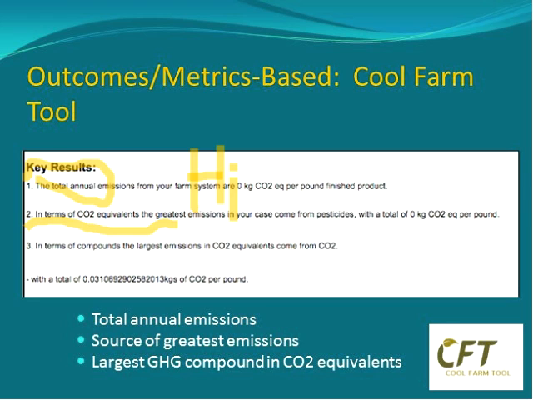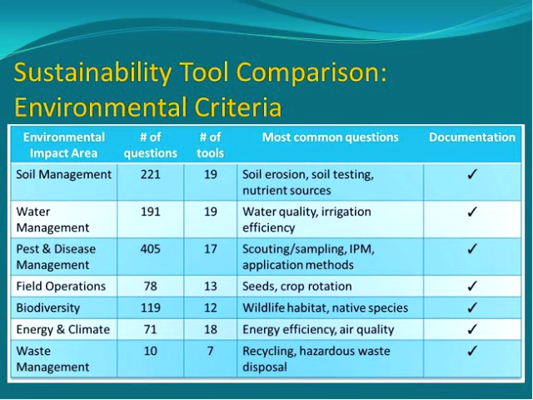And then it also tells you what the largest GHG compound is in CO2 equivalent. So if methane is your largest source of emissions, then it'll convert that into a carbon dioxide equivalent. I'm not really sure how useful that is to the producer, but that seems to be kind of standard in sustainability measurement, just converting everything to carbon dioxide equivalents.